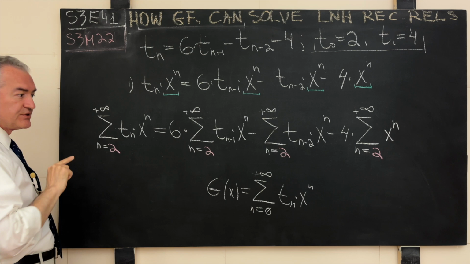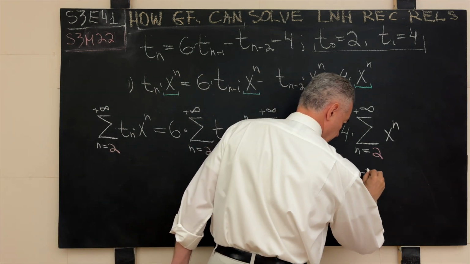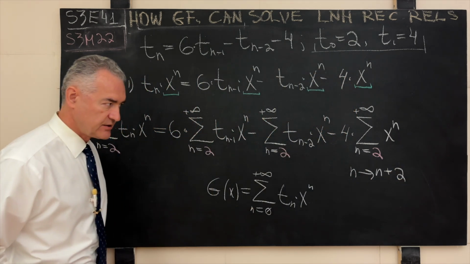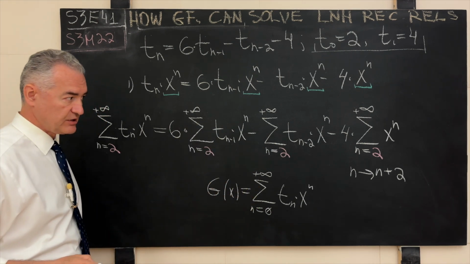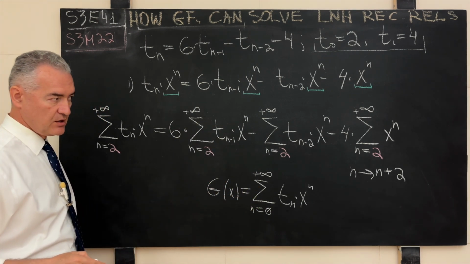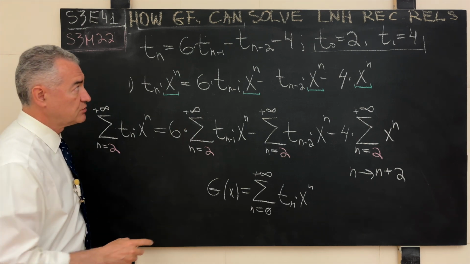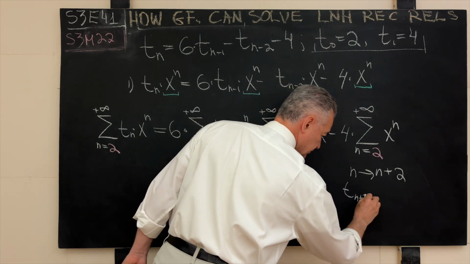By 2 steps rightward. In other words, if we replace n with n plus 2 uniformly, and that is precisely what is meant when we say iterate the relation rightward twice, increase the value of n by 2, what we will have here? We will have t n plus 2.